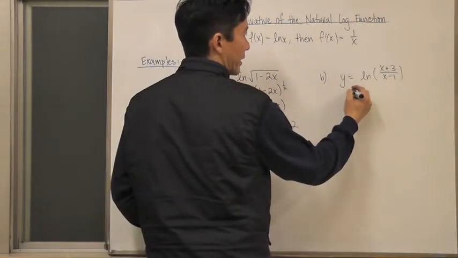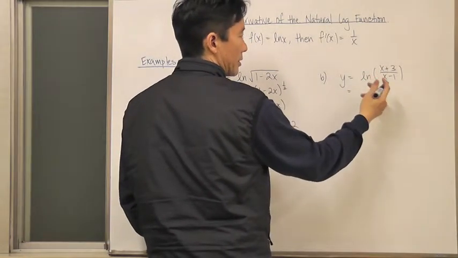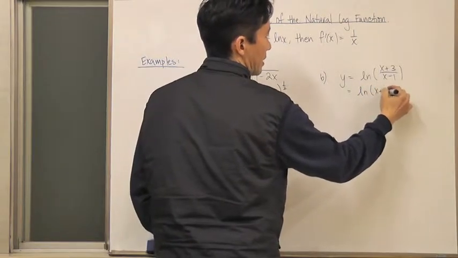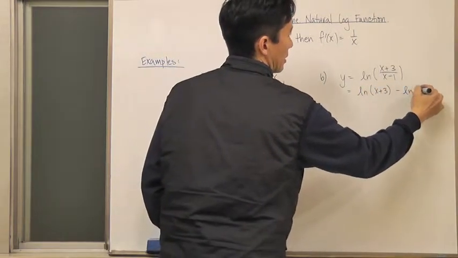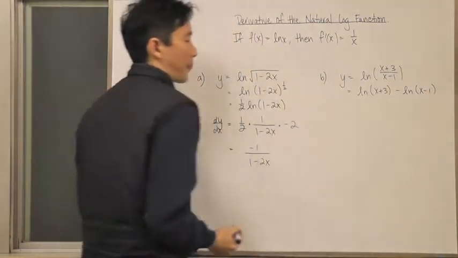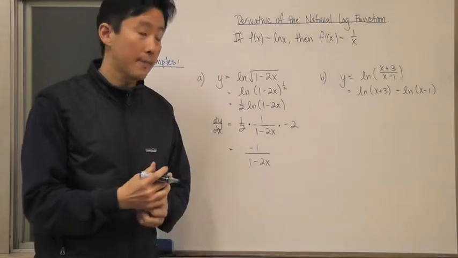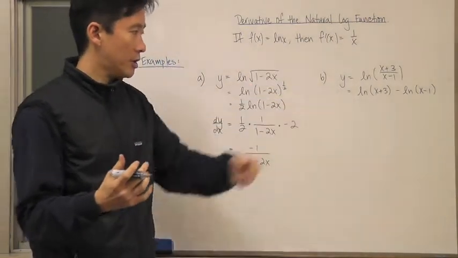And we know for a fact that if we just rearrange this using our rules, this is the same thing as the natural log of x plus 3 minus the natural log of x minus 1. That makes it so much easier to differentiate.